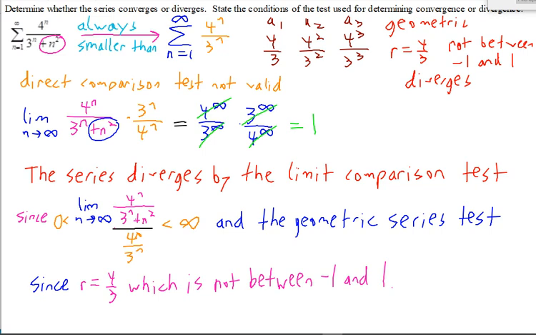Notice if it was between -1 and 1, then you could write -1 is less than r, which is less than 1, but here it's not. So it's probably easiest to say it in words there.